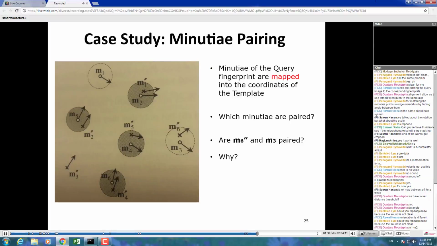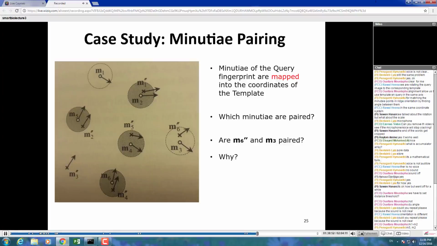In this case, M6 and M3 don't pair, not because of the distance, because they are close enough, but because of the orientation. The difference in orientation is not less than the threshold angle. As you can see, the orientation is very different.